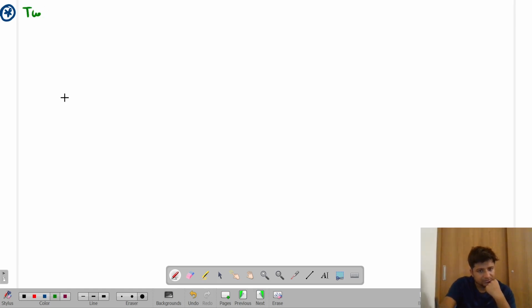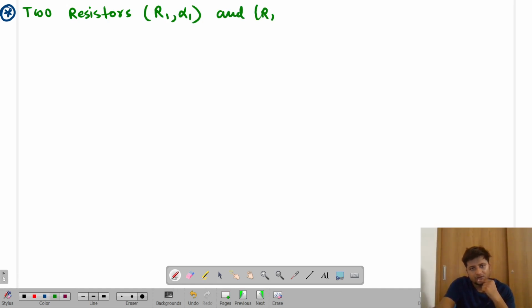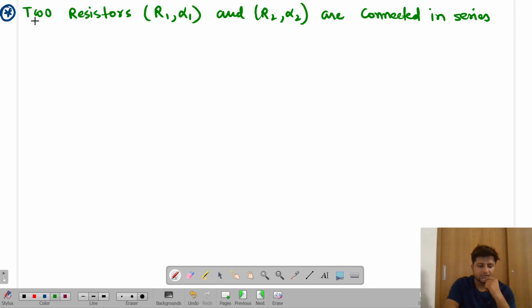Two resistors, one having resistance R1 and thermal coefficient alpha 1, and another R2 and thermal coefficient alpha 2, are connected in series. The question is to find the relation.